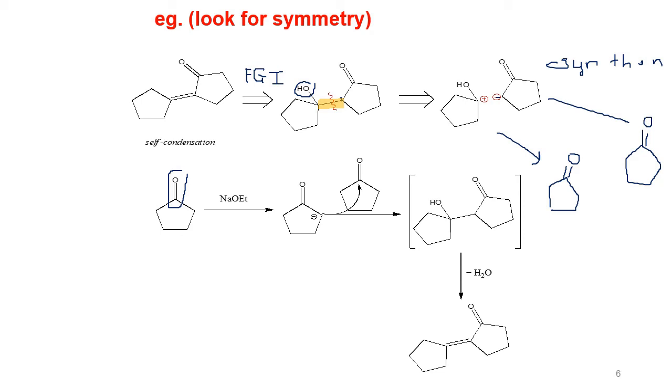So this is the forward synthesis, or forward reaction. In the forward reaction, you introduce base. The base will abstract the alpha proton. So it is like this, you have OEt minus.